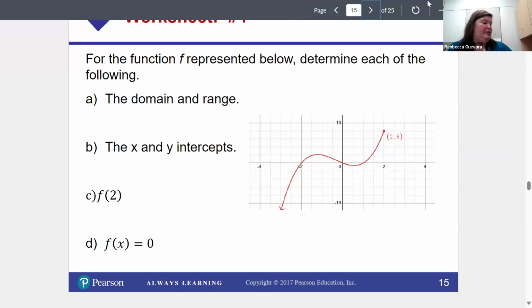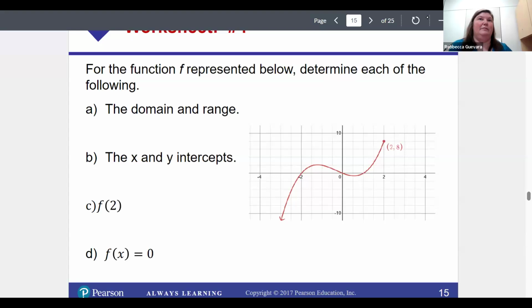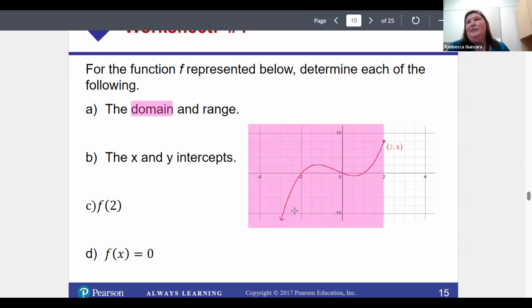All right, so this one. There we go. When we talk about domain, we see here that this is the most that x can possibly be. And we have this arrow going this way, so x is just going to infinity in this direction.